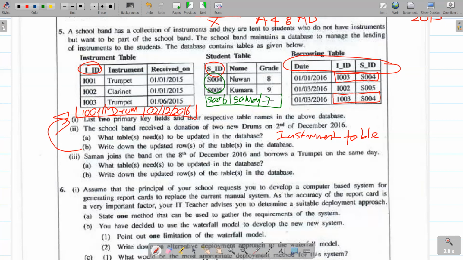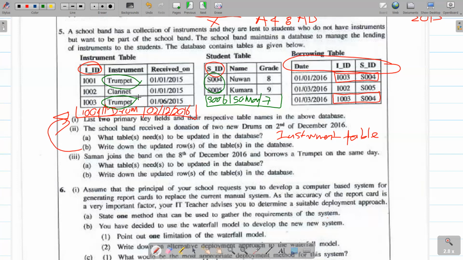And again, it says he borrowed a trumpet on the same day. So if he is borrowing a trumpet, we got two trumpets over here, this one and this one. One is given on 1 1 to 15 and the other one is given on 1 6 to 15. Trumpet belongs to the 1003. Both the trumpets are taken for the moment.